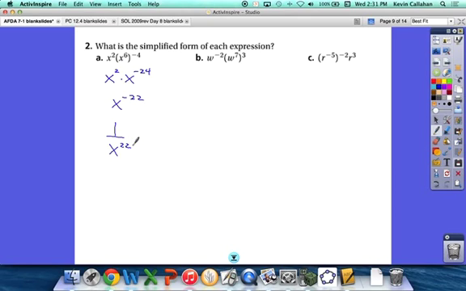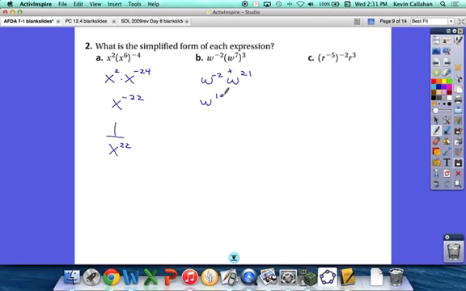Right? Again, how would this one work? The w to the negative 2, that stays. W to the 7th to the 3rd is 21. Okay, and then same base, both have exponents, add these up.